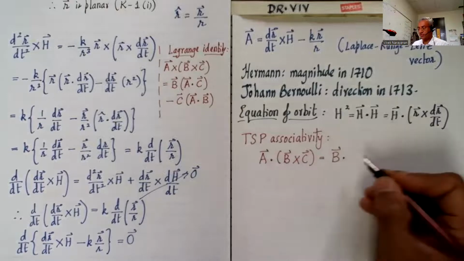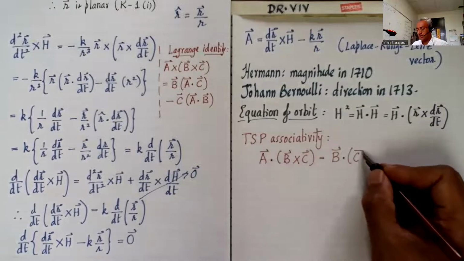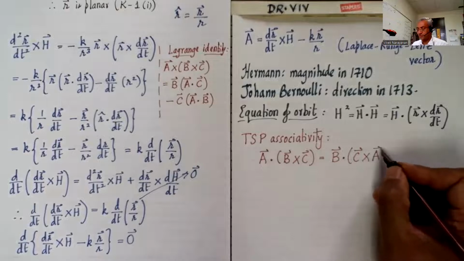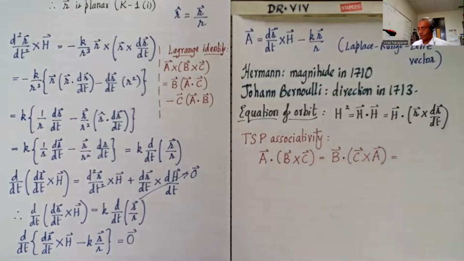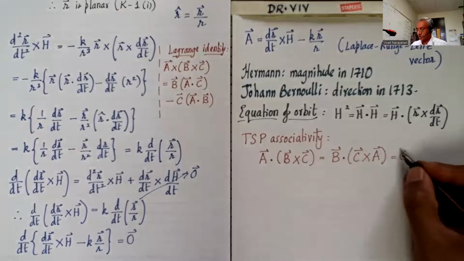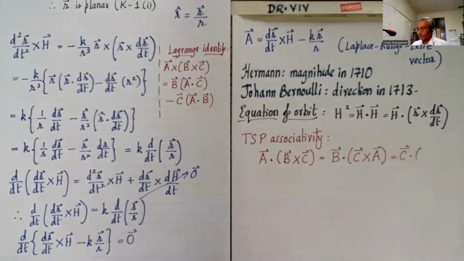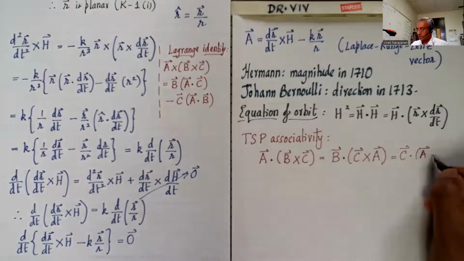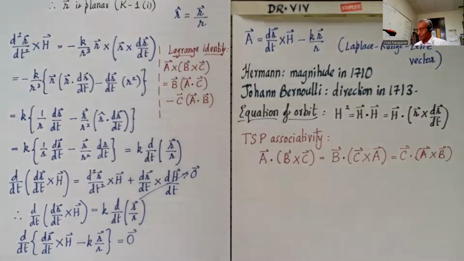So this is the same as B dot C cross A. And you can also write one more if you like, and that's the same as C dot A cross B. So these are known as the cyclical properties of the triple scalar product, also known as the associative property. We're just going to use the first one.